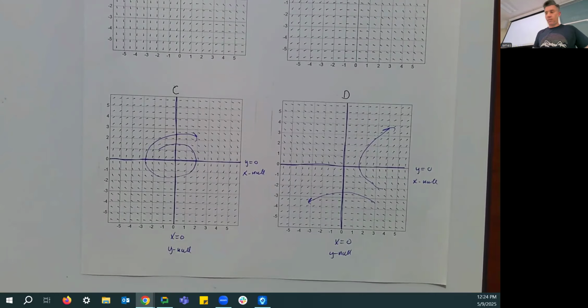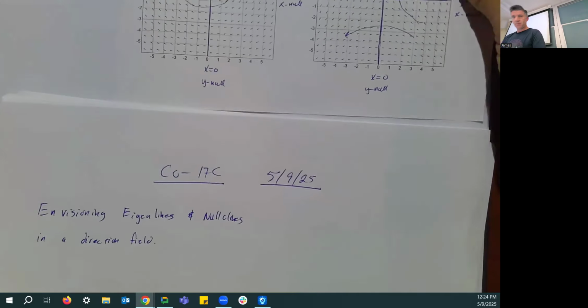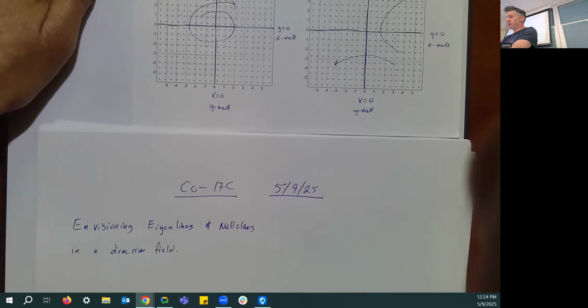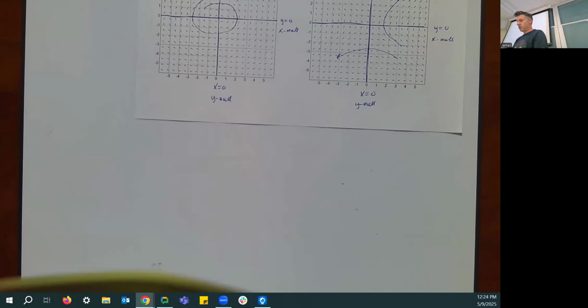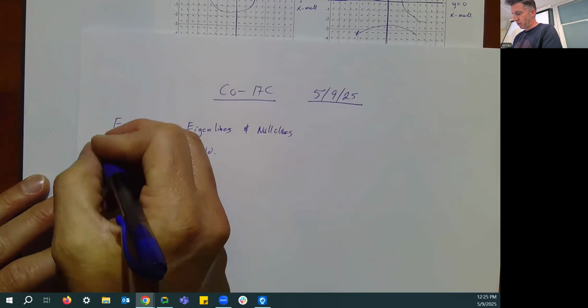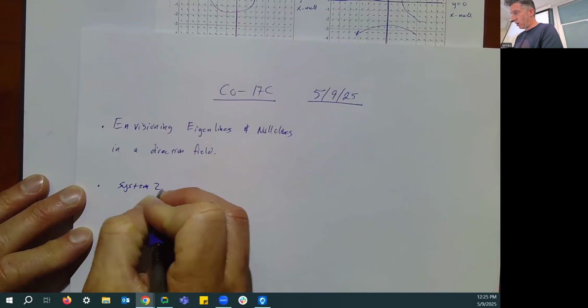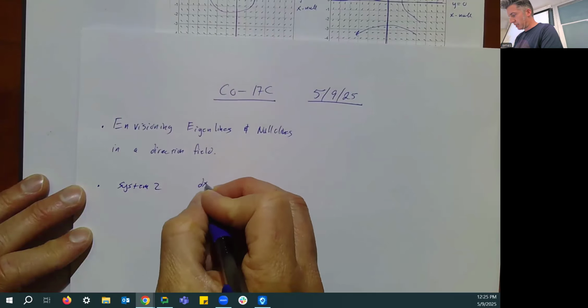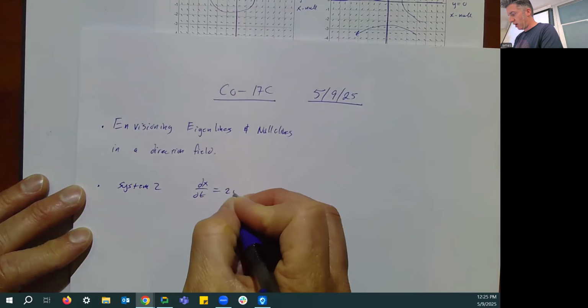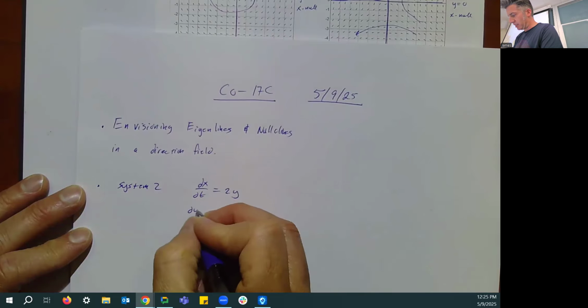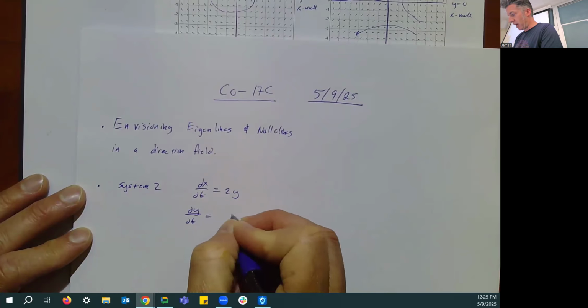So let me zoom back out a little bit here. Let me write down system 2 and system 3 here. System 2 was dx dt equal to 2y and dy dt equal to x.